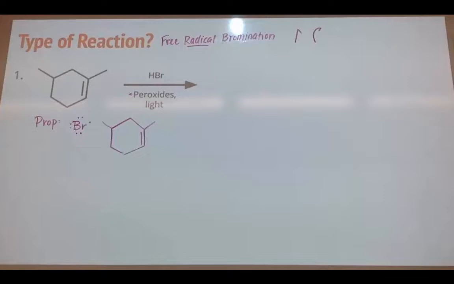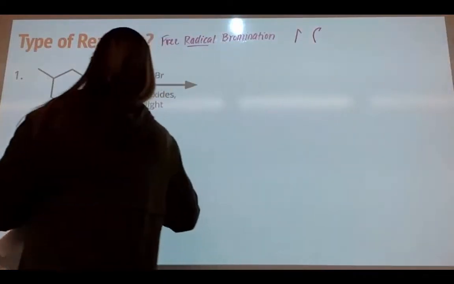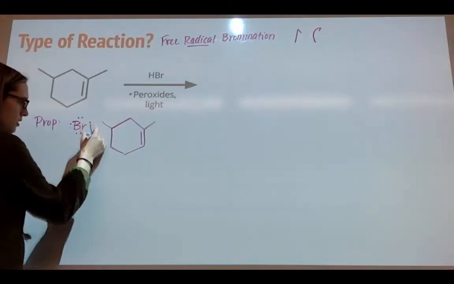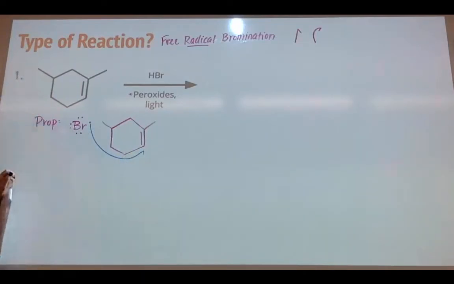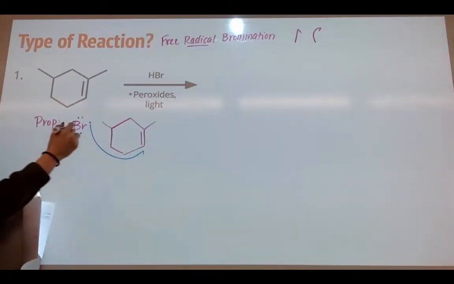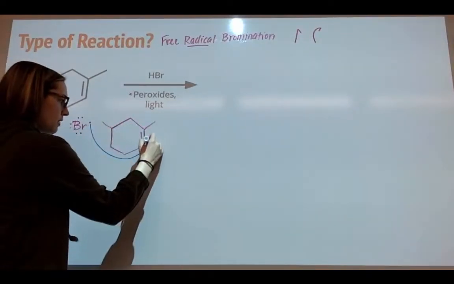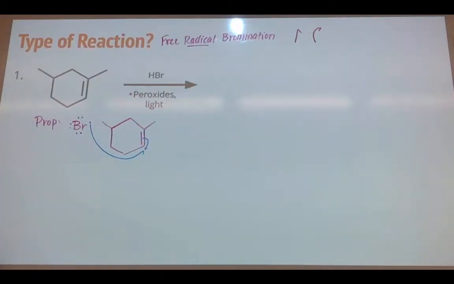One of the electrons from bromine, so I'll draw it down here, a single electron, and one of the electrons in this double bond. A bond is always 2 electrons. So one of the electrons in this double bond is going to come together, 2 electrons coming together to form a bond.